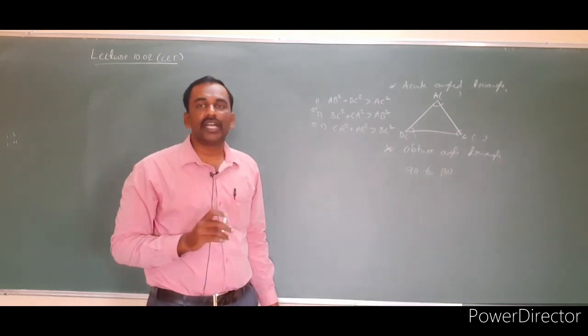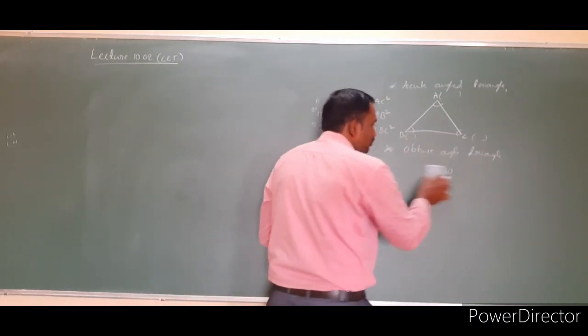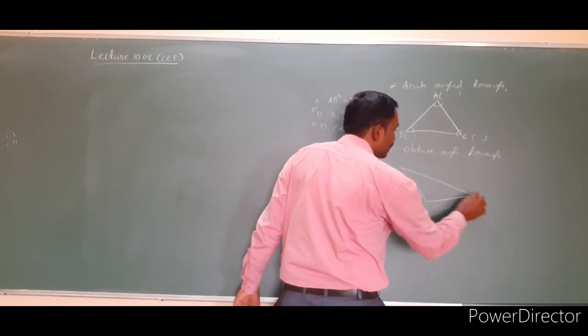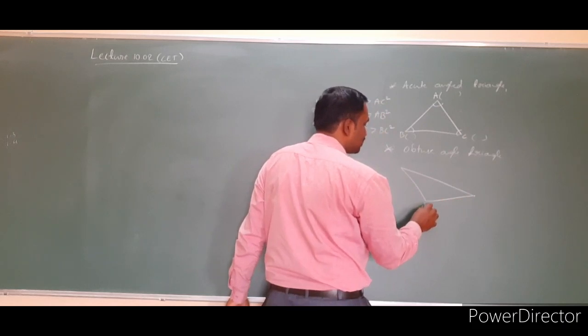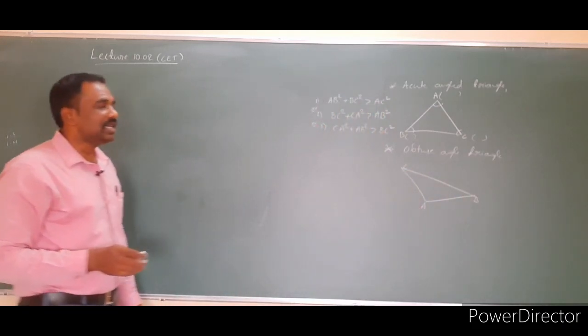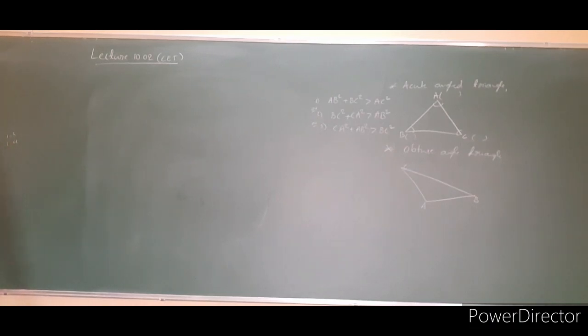Now come to the obtuse angled triangle. Obtuse angled triangle means, as we discussed earlier, out of the three angles, one angle must be greater than 90 degrees.